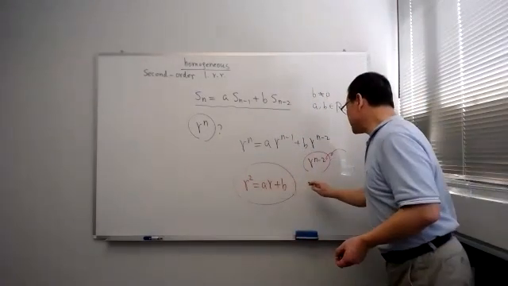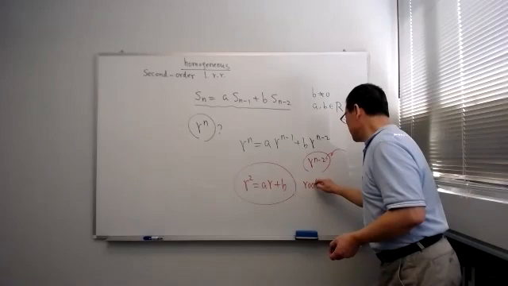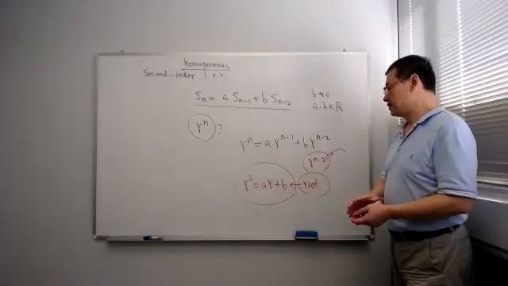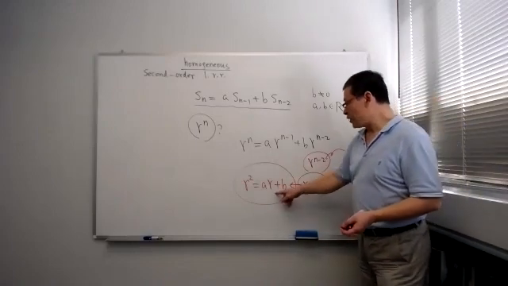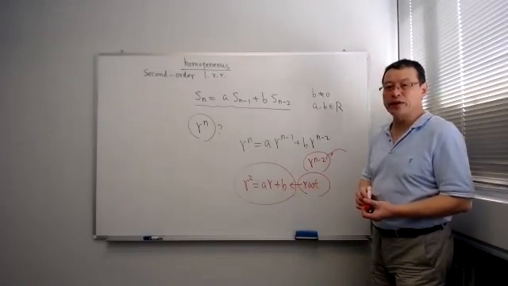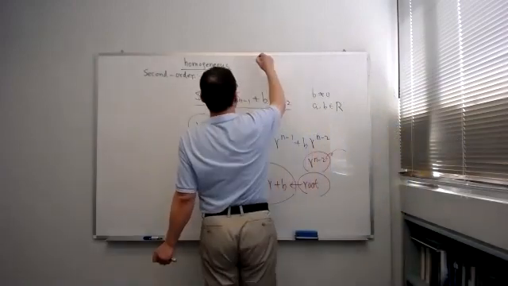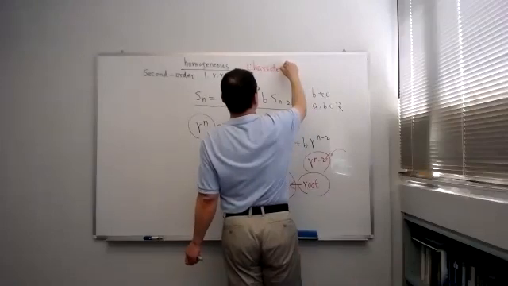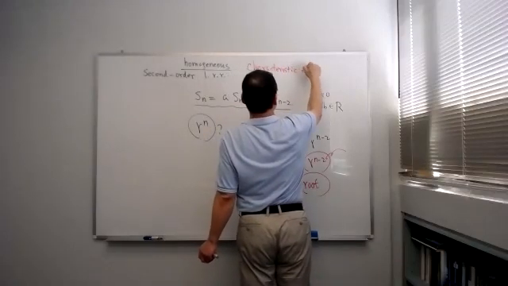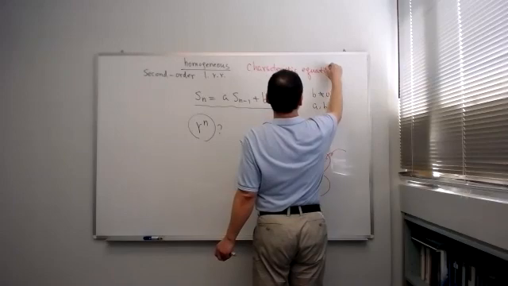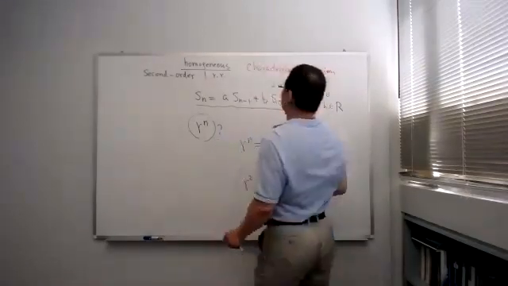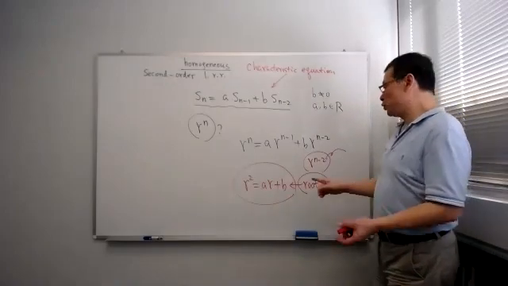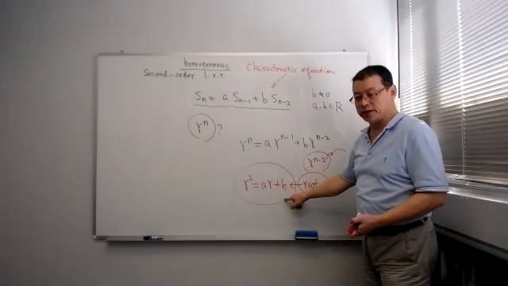That means r must be a root of this equation. This equation is called the characteristic equation.